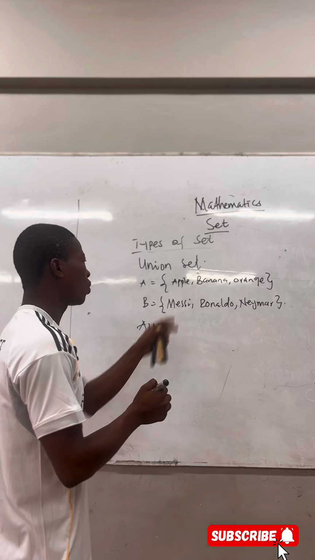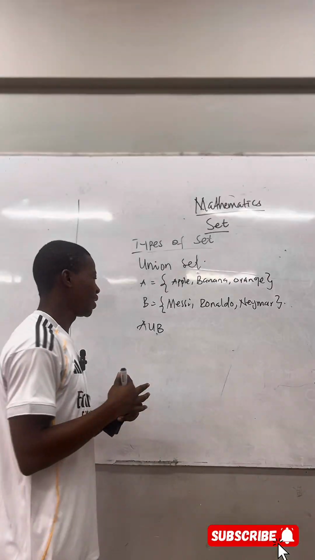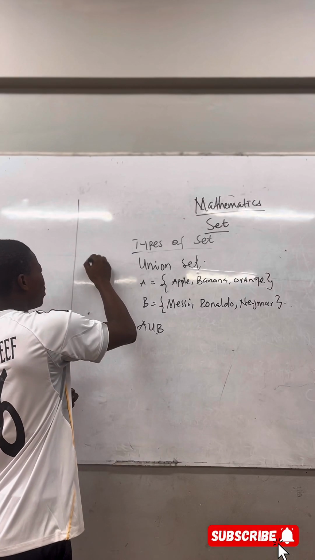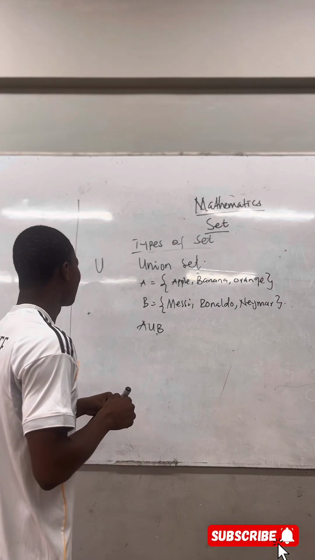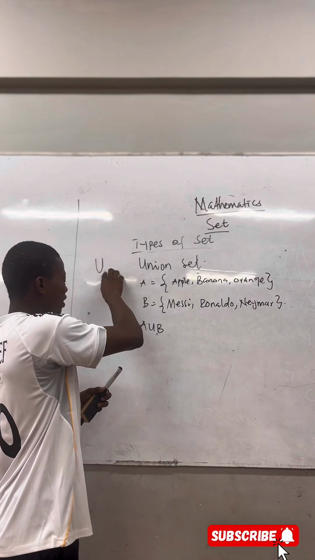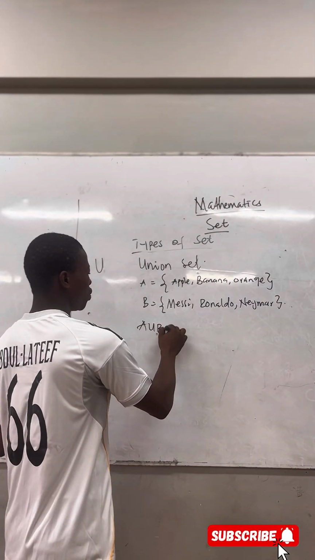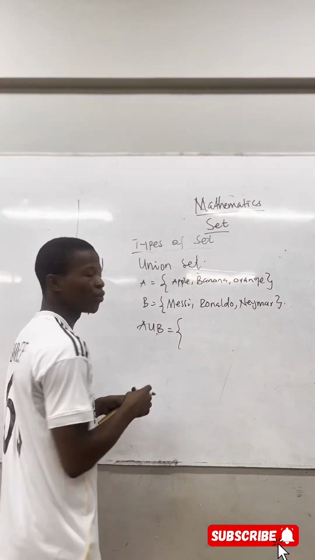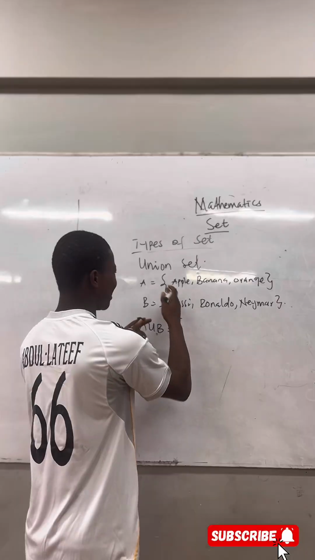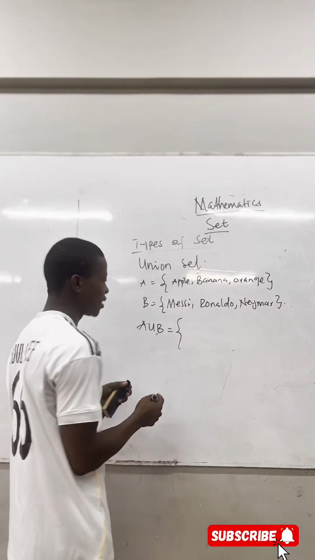It means that we bring all these items together. So the union is also in the form of a populational mu. So this is the symbol for the union. So we combine both the set of apple and what? Set of players.